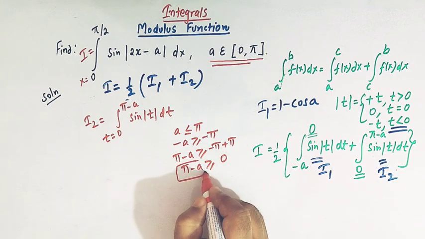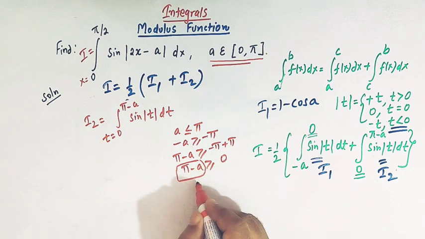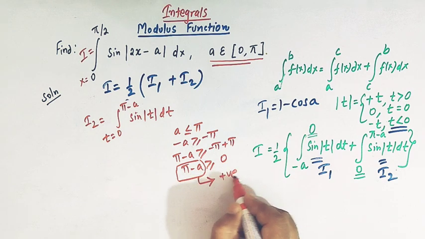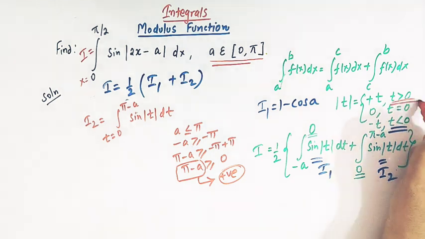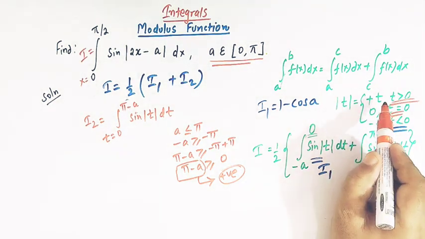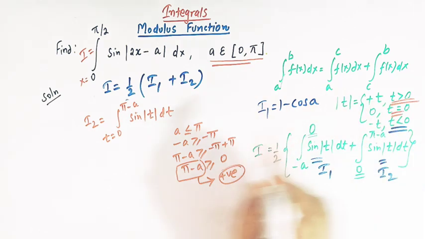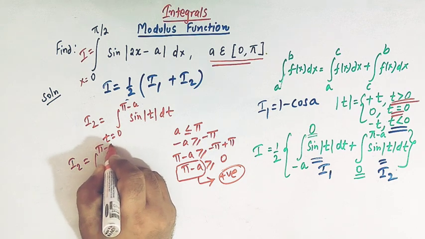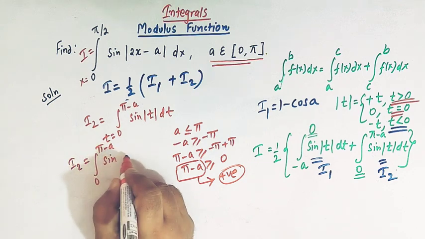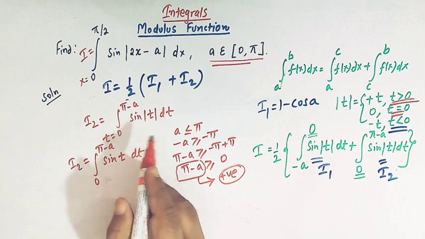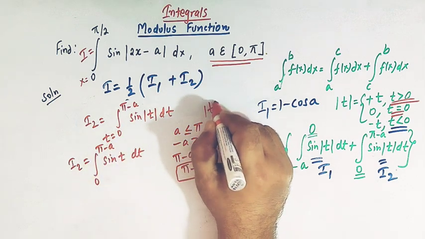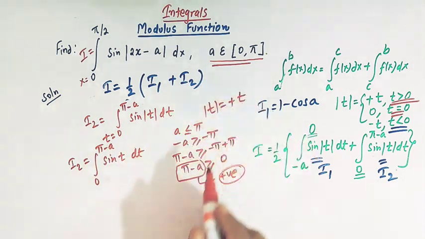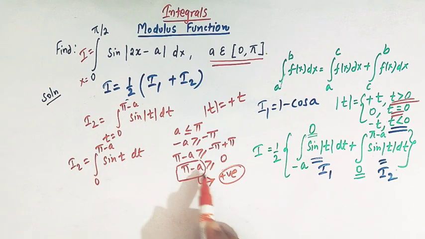So it means pi minus a is greater than or equal to 0. It implies that it is positive, right? So when t is positive, that is t is greater than 0 or t is equal to 0, we have mod of t is equal to t, right? So now I2 is integral from 0 to pi minus a, and here we have sine of simply t, right? So mod t is equal to positive t when pi minus a is positive.